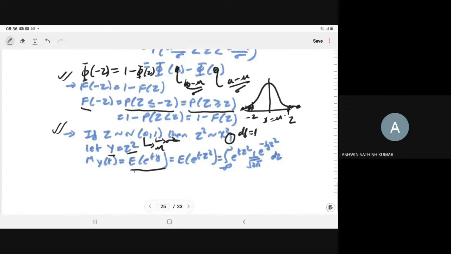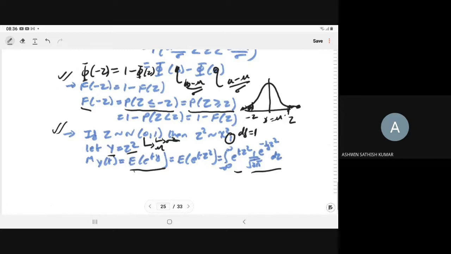Because z is a standard normal variate, this will become value into probability. So minus infinity to infinity, value e to power t z square into PDF. PDF is 1 upon root of 2 pi e to power minus half z square dz.